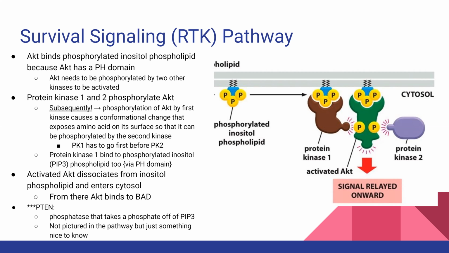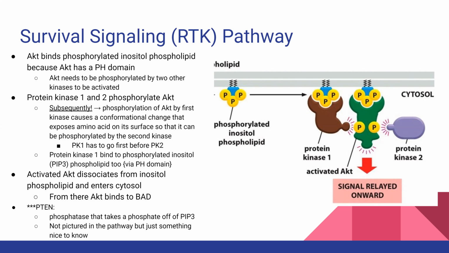And then the PK1 has to go first with the phosphorylating before PK2 can phosphorylate it. And like I said, protein kinase 1 is able to bind to phosphorylated inositol, PIP3, because it has a PH domain.